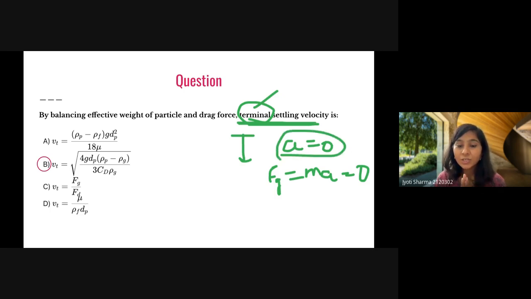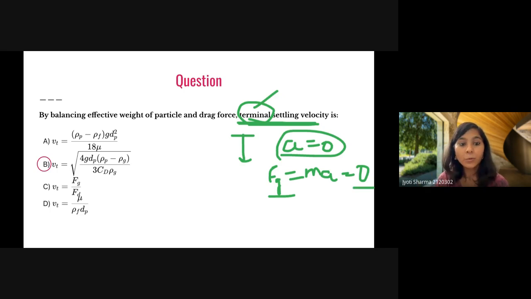This is the condition to be known as the terminal velocity: there will be a constant velocity with which the object will fall from the sky to the surface. There should not be any acceleration. Only then will the velocity be known as the terminal velocity. So what we are saying here is that Fg will be equal to 0.